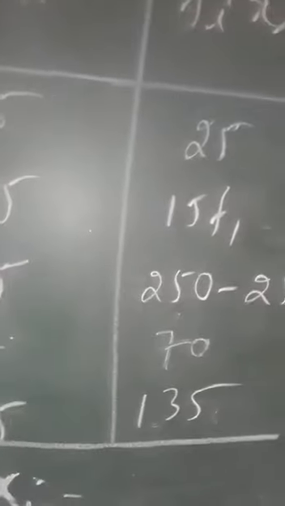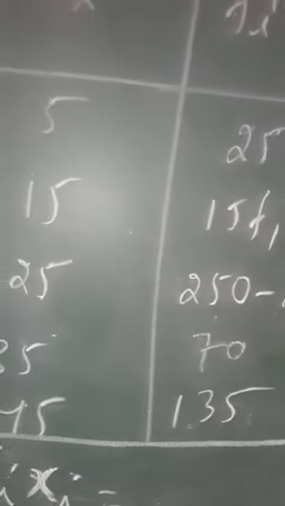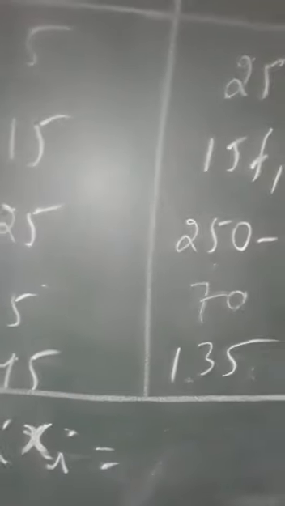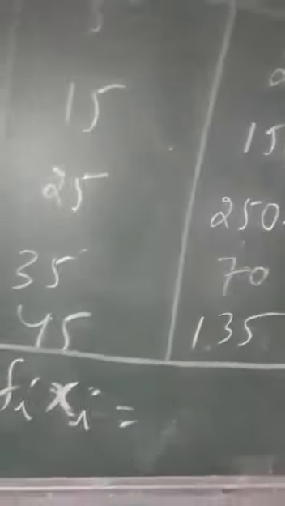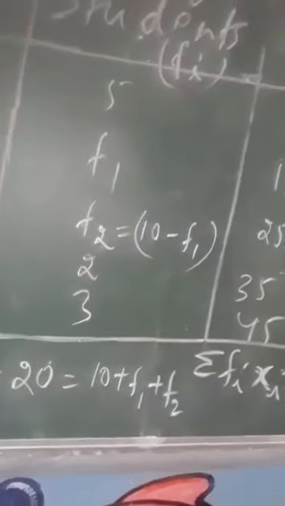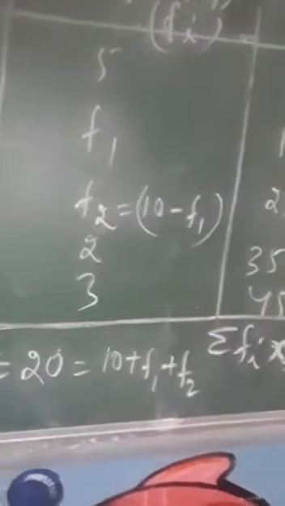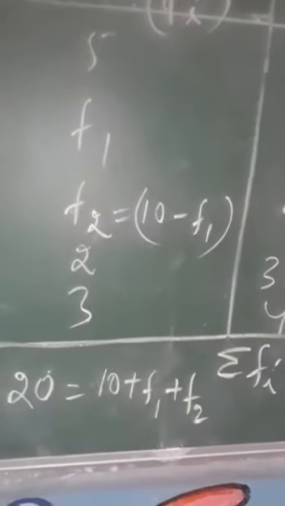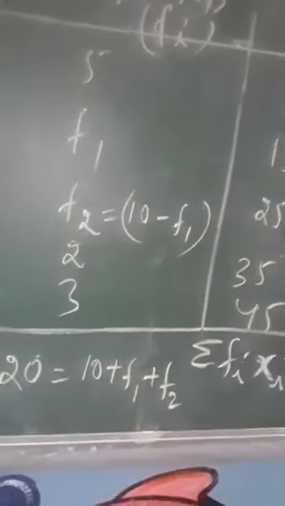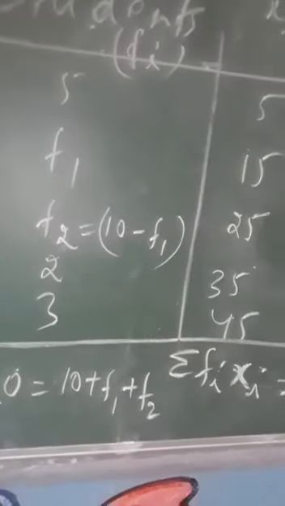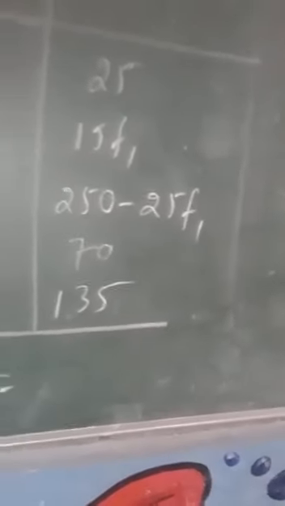This product of fi and xi is 5 multiplied by 5, which is 25, then 15 multiplied by f1 will give us 15 f1, then 25 multiplied by f2. But instead of f2, we will multiply 25 with 10 minus f1. When we multiply 25 with 10 minus f1, we get 250 minus 25 f1.